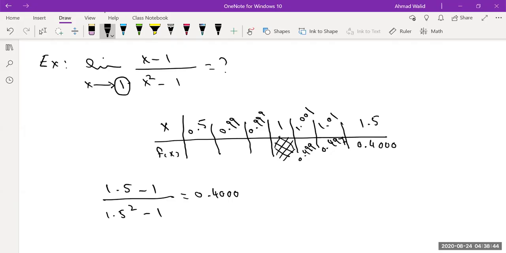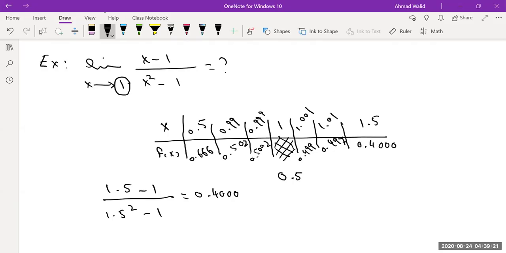Also from the left side, if you plug 0.5 into this function, it gives you 0.666. If you plug in 0.99, it gives you 0.502. And if you plug in 0.999, it gives you 0.5002, which is really, really close to 0.5. 0.499 is also really close to which number?